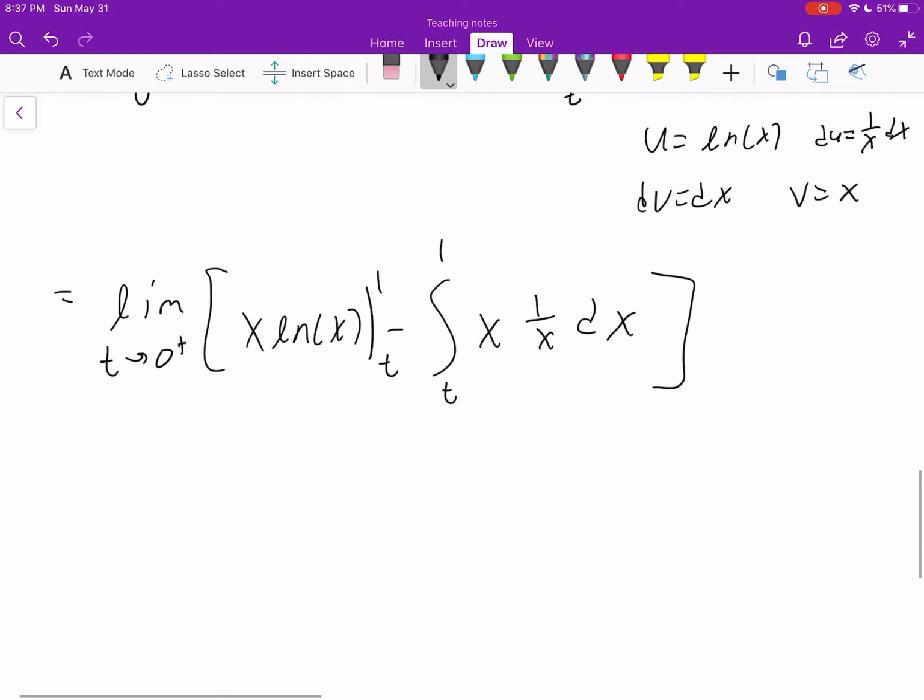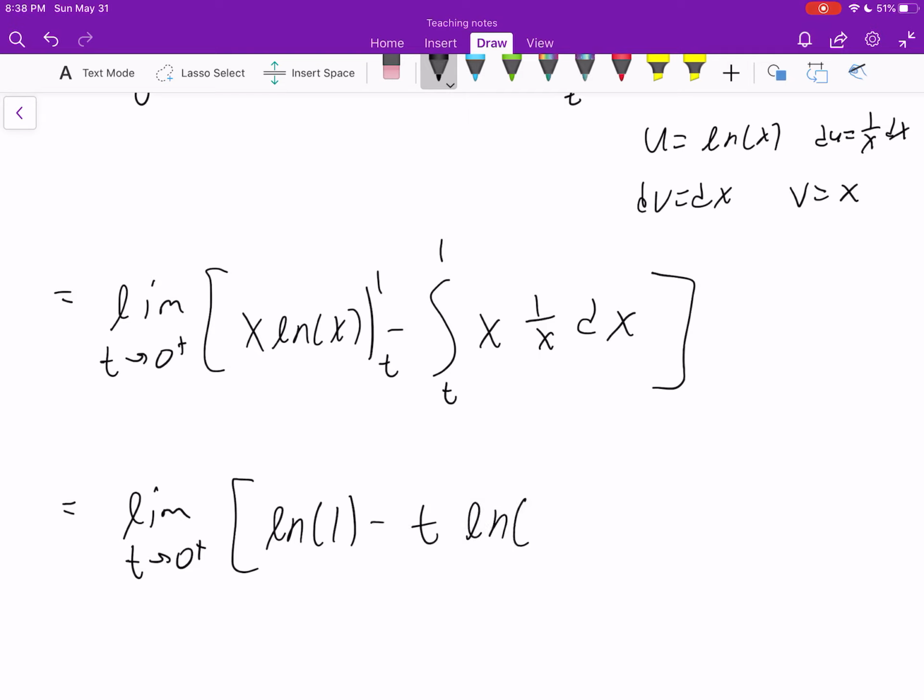And we just continue. This is the limit as t approaches 0 from the right. When we plug in 1, we get 1 ln of 1 minus t ln of t. And this integrand is just 1, so I'm integrating dx, so that integral is just x, evaluated from t to 1.